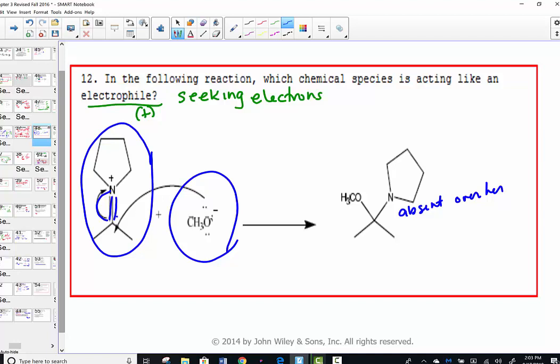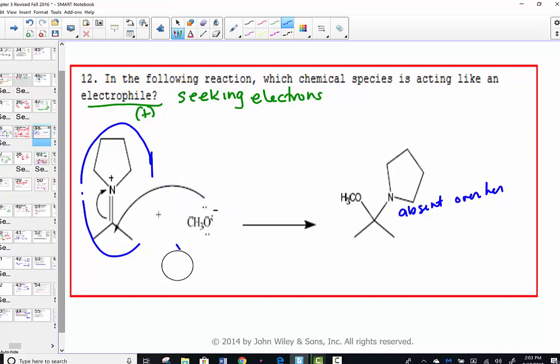So the electrons that were in this pi bond went to the nitrogen, and therefore you don't see a charge anymore on the product side. All right, so there's one flow of electrons. You see a second arrow originating from an electron-rich oxygen and pointing to this carbon that's electron deficient.